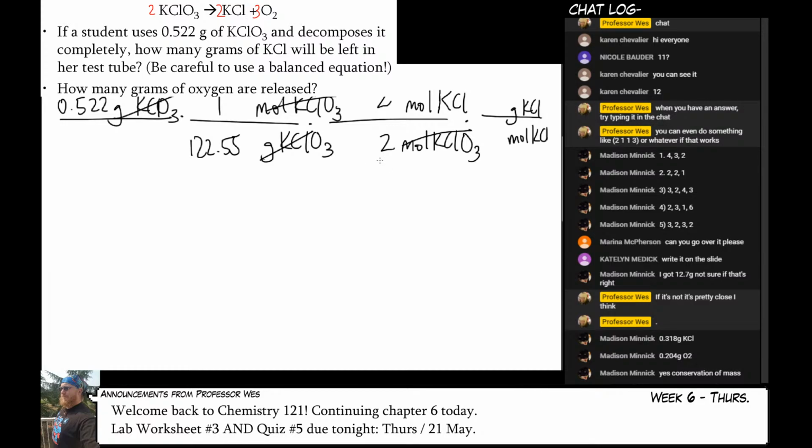And then KCl itself is 74.55 grams per mole. Those cancel out. So I punch that all in the calculator and I got 0.318 grams of KCl.